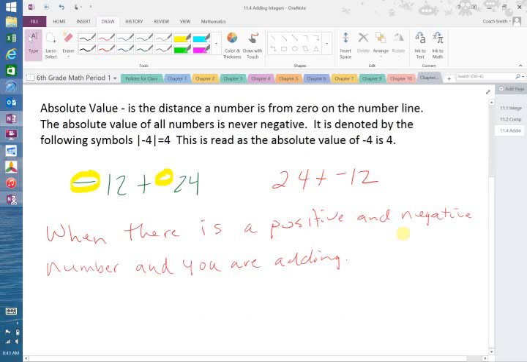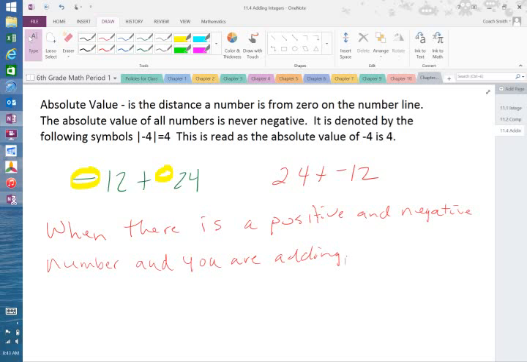Okay? So there's 2 requirements there. Actually 3. I have a positive number, a negative number, and I'm adding. Those are 3 criteria that must be met for me to do what I'm fixing to do. Okay? And what I'm going to do is this.